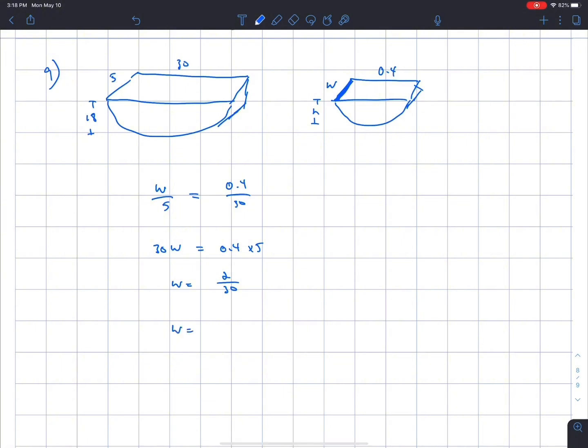Yeah, so W equals 1 over 15 meters. And then for the height, I have height over 18 equals 0.4 over 30. We cross multiply, 30h equals 0.4 times 18. So 30h equals 7.2, and then divide both sides by 30. We get h equals 0.24 meters. Those are the answers.